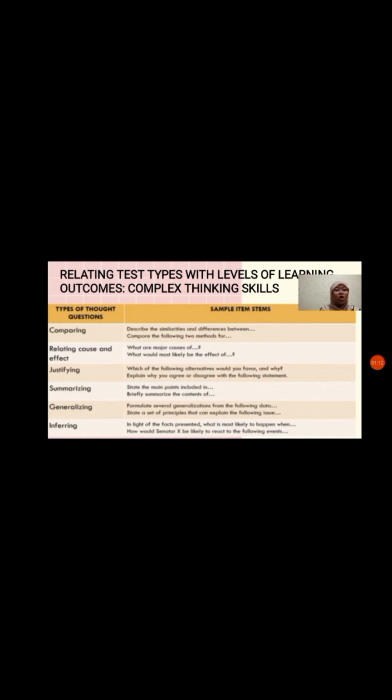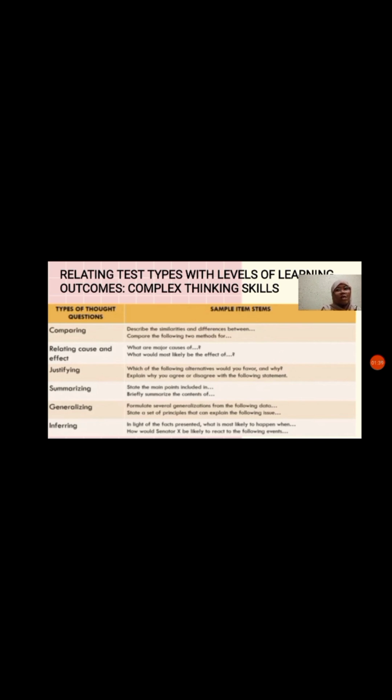We have the categories of type of thought questions for deep understanding and the sample item stems as you can see on the table. So these sample item stems could be used in constructing test types both for supply and selection type that can elicit complex thinking skills.